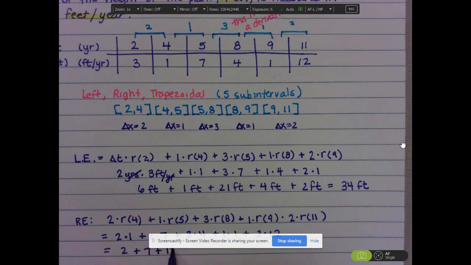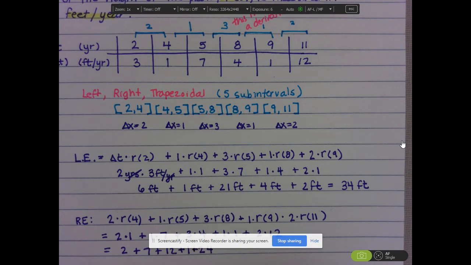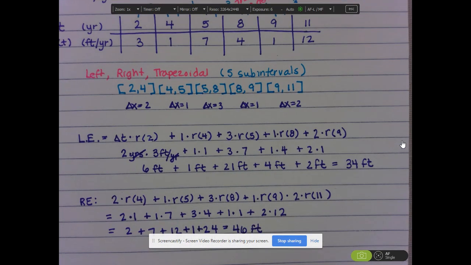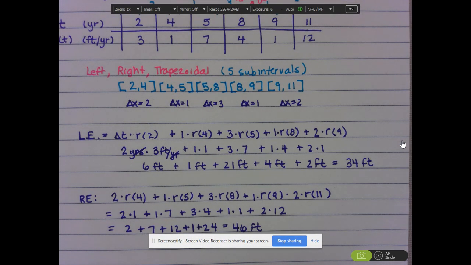And these are most likely non-calculator problems as well. Put that all together, 7, 8, 9, 10, 46 feet, which is our overestimate. So we know our actual area lies somewhere in between.